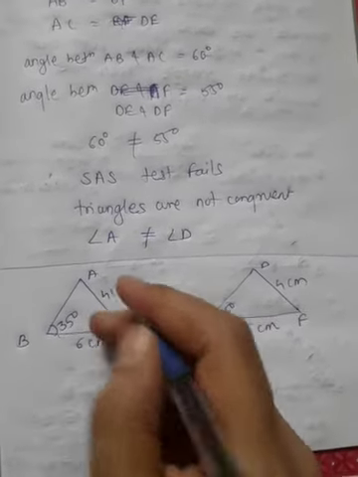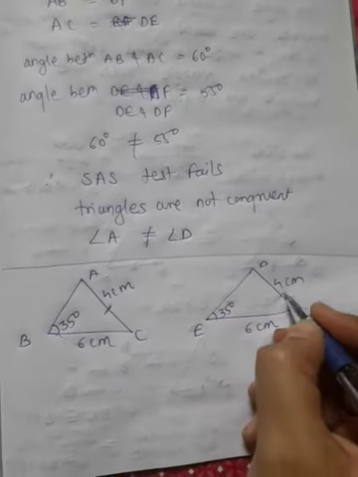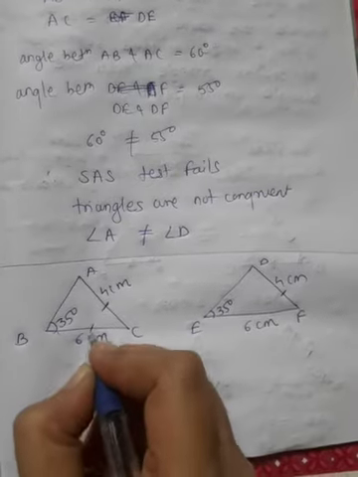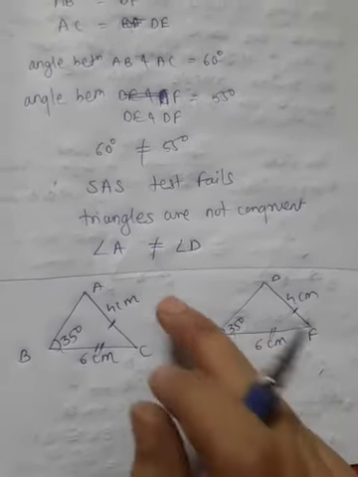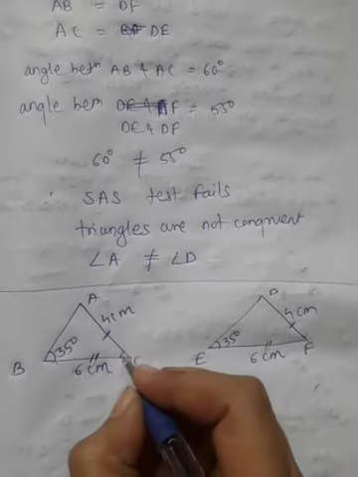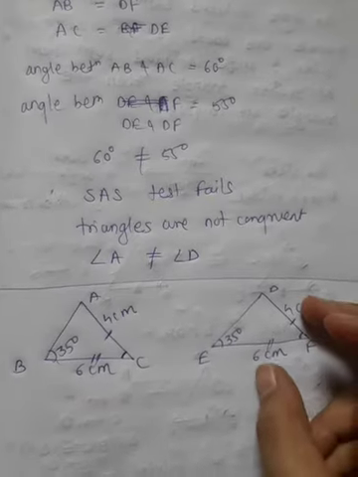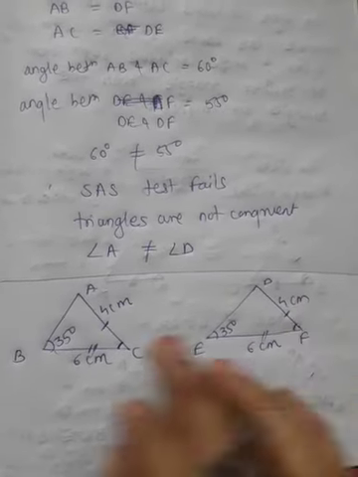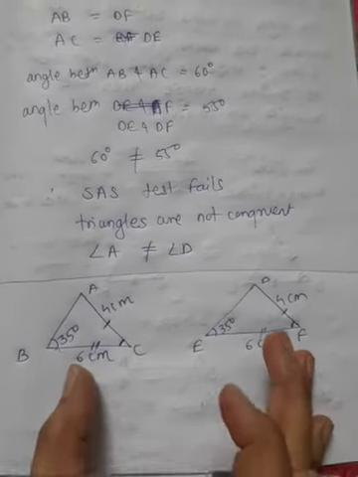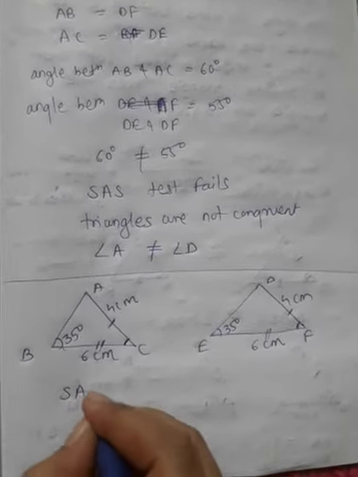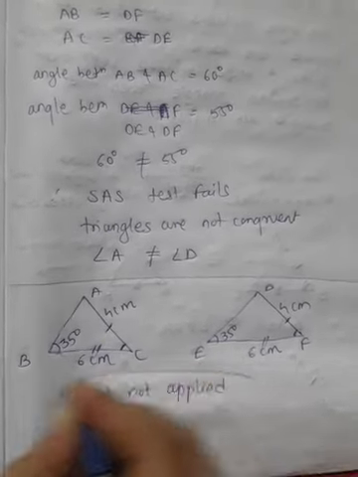First, see whether two sides of the triangles are equal. Here, AC is equal to DF, and BC is equal to EF. But we must also observe the angle included between these two sides, and those angles are not given. Then how can we say these two triangles are congruent? So the SAS test cannot be applied here.